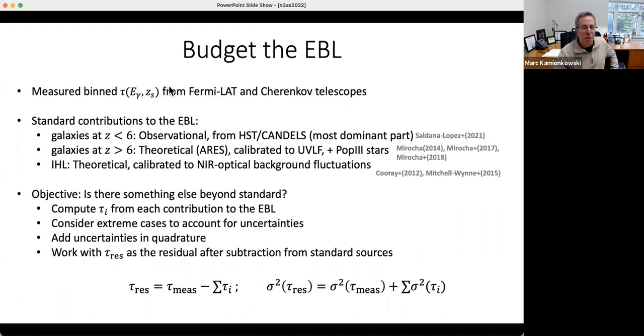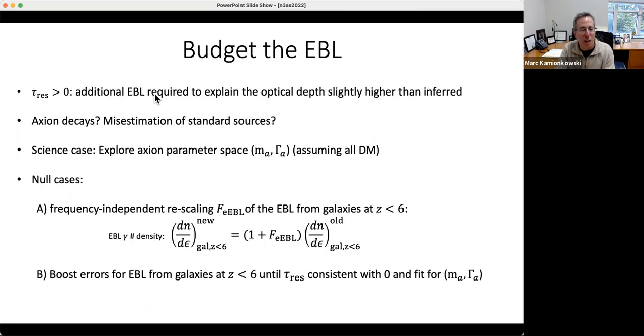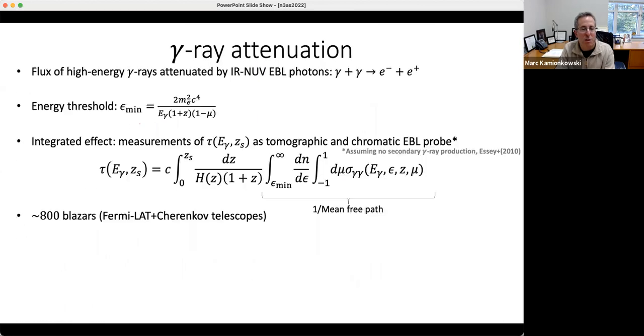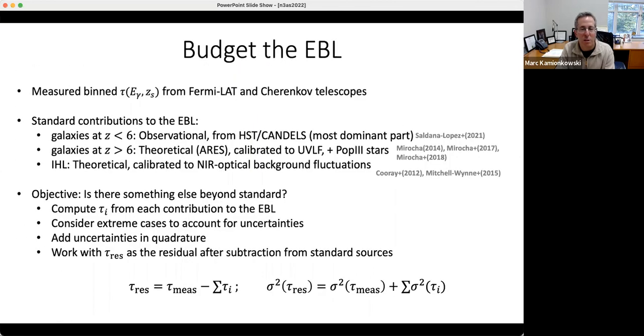So we took their measurements of tau, and then we tried to model, calculate the expected value of tau as a function of gamma ray energy and source redshift, taking into account the known contribution to the optical background from galaxies of redshift less than 6.